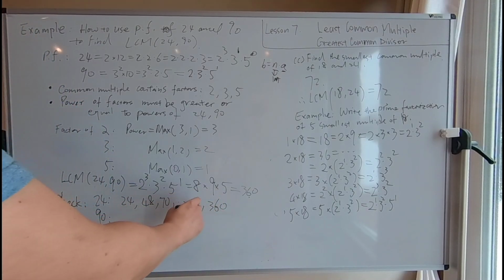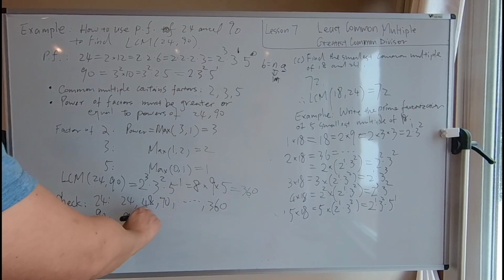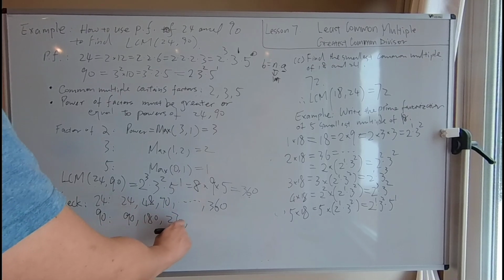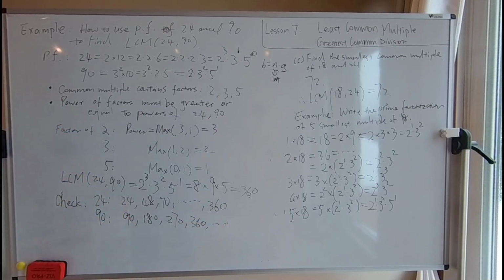I'm not going to write all of them because the multiples of 90 approach much faster, because the first multiple is 90, the next one will be 180, then 270, then 360, and so on.